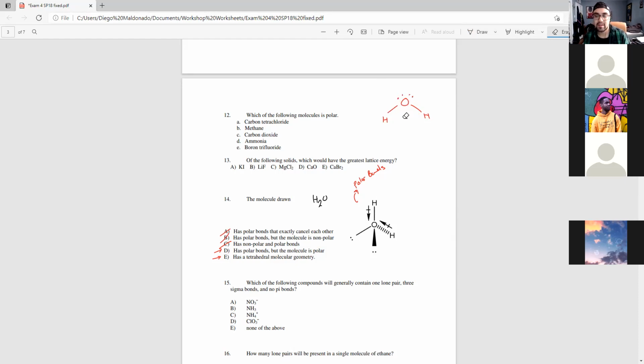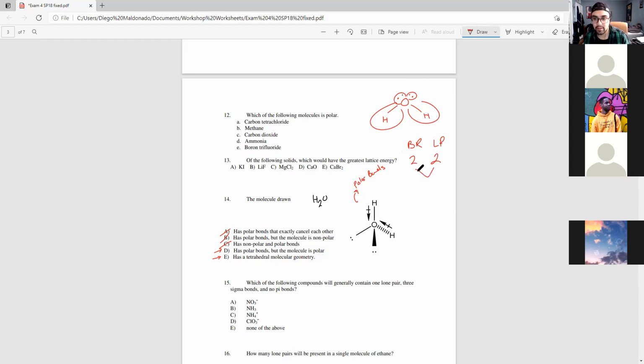So the way we assign, I'm gonna quickly go over it. It's not gonna be as in depth as I wanted, but how many bonded regions do we have? 2 regions, okay. And how many lone pairs do we have? 2. So here's our 2 bonded regions, and here's our 2 lone pairs.